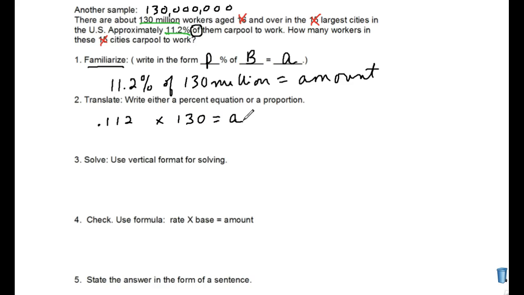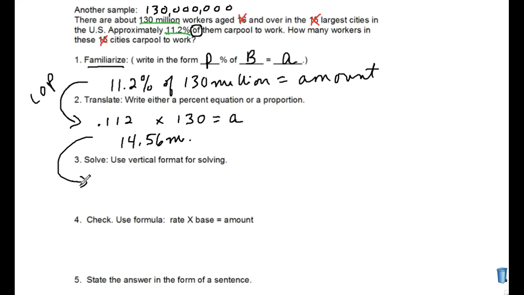Remember, I take my percent and convert it to a decimal, left out of percent. To do this problem, all I have to do is take 0.112 times 130, that's my amount. I'm going to get 14.56 million. Okay? Didn't have to do a lot of vertical format there, did I? Because all I had to do was multiply.